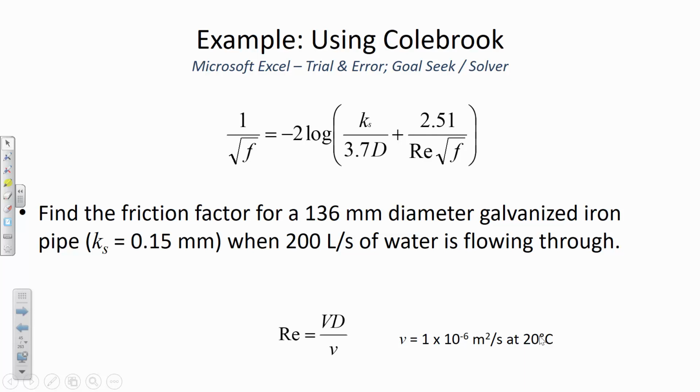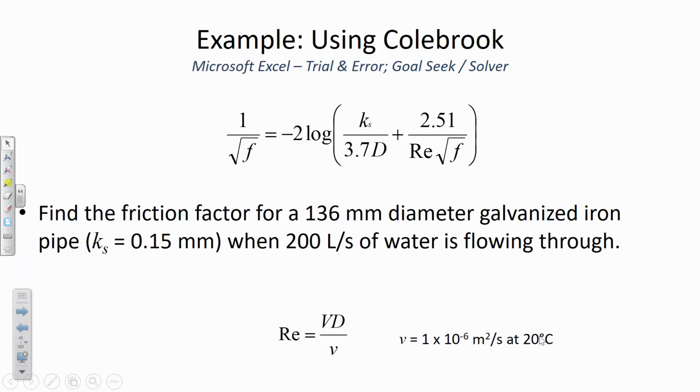Flow velocity is Q divided by area, so our flow rate is 0.20 cubic meters per second, and the cross-sectional area is 0.01453 square meters. The velocity through the pipe is 13.77 meters per second, so it's moving pretty quickly through that pipe.